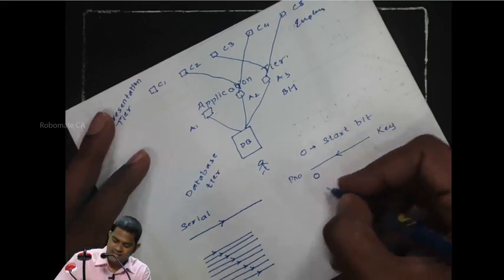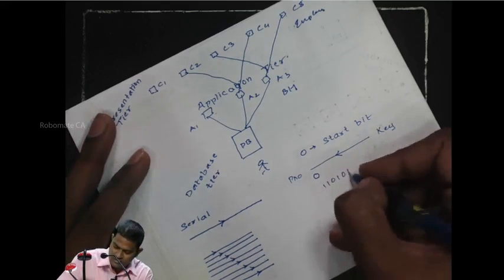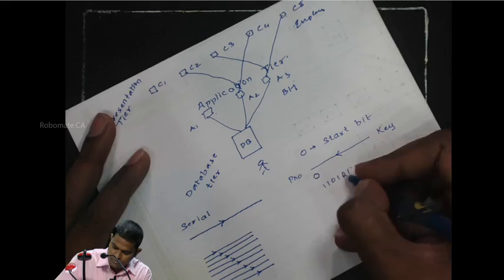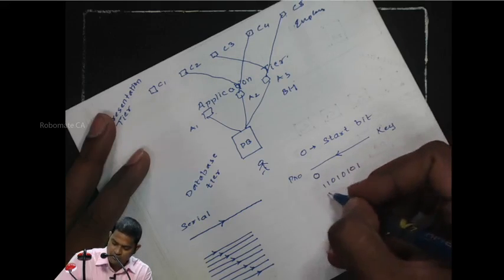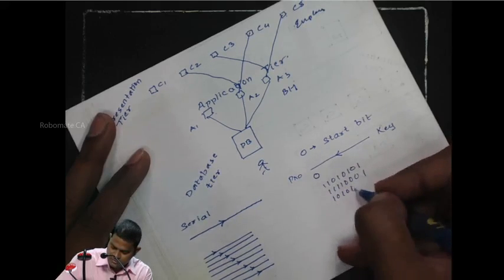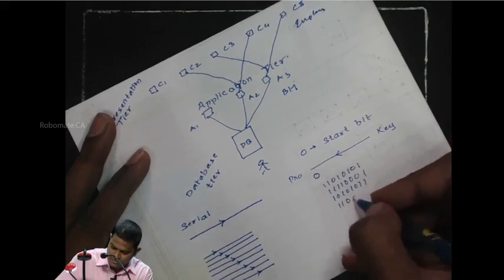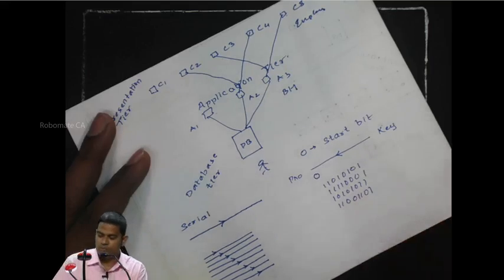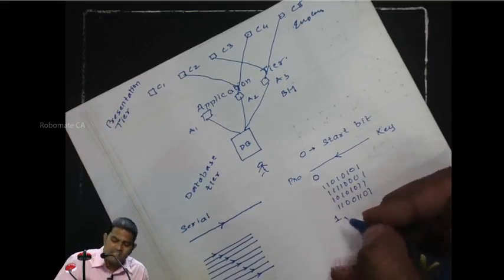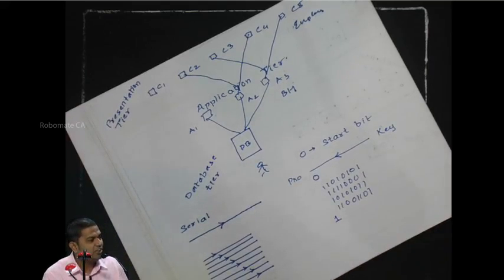Okay, that is say 110101. Then it would be 11110001, 11001011, and so on. And when he stops typing, bit 1 will be generated. It indicates the processor that typing has stopped.